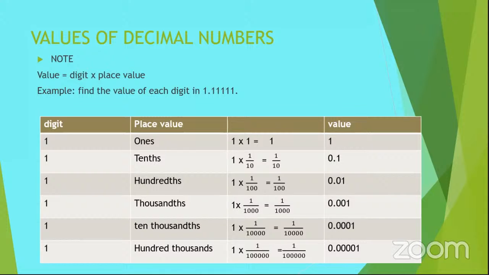So when you're looking at tenths, it is written as 1 out of 10. We shall study that more when we are looking at writing fractions and how to deal with fractions. But now briefly, when you're writing tenths, it is written as 1 out of 10.